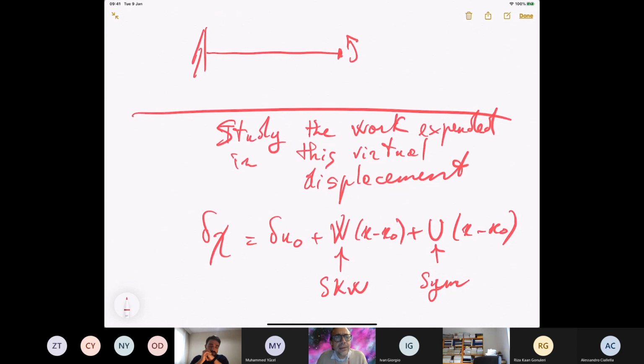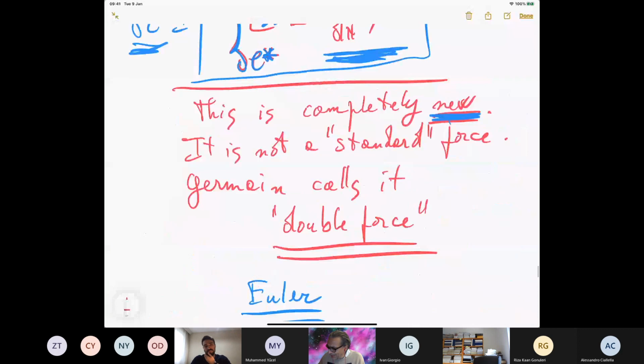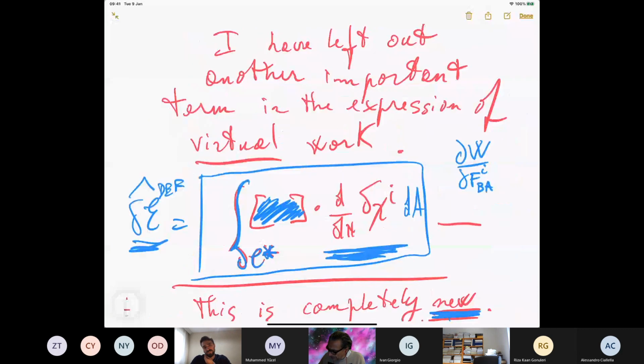Okay? So that we will be able to give a mechanical interpretation generalizing Euler's interpretation also for this expression for work. So we will understand that this animal here is a double force, and we will understand what is a double force. Okay?